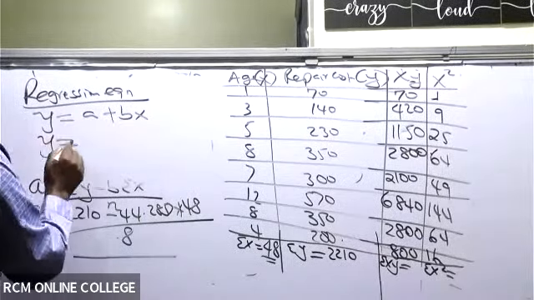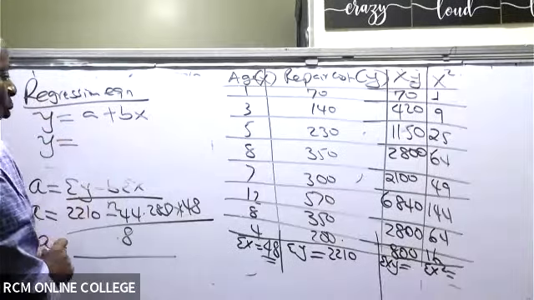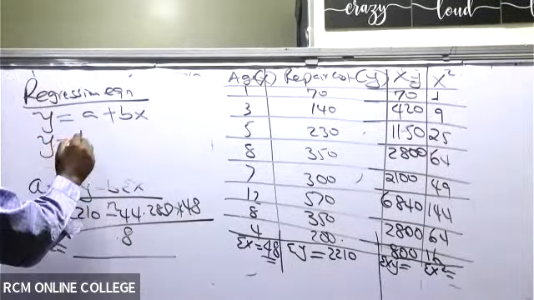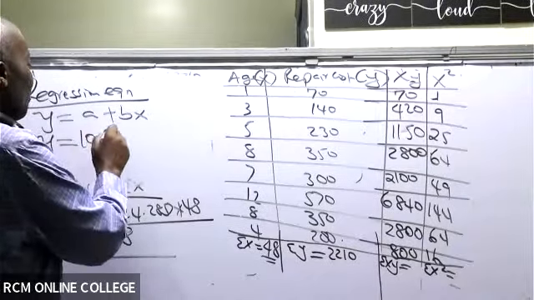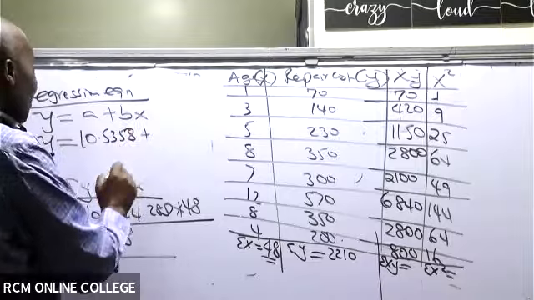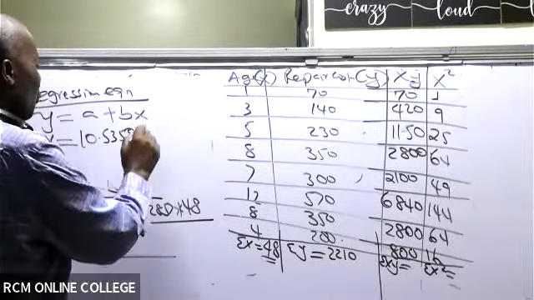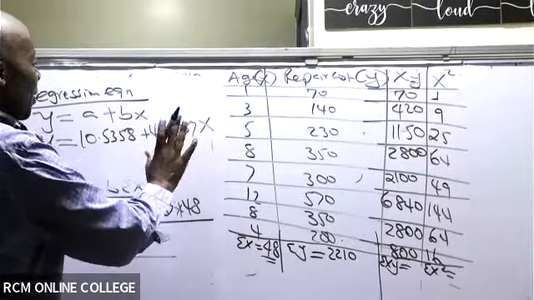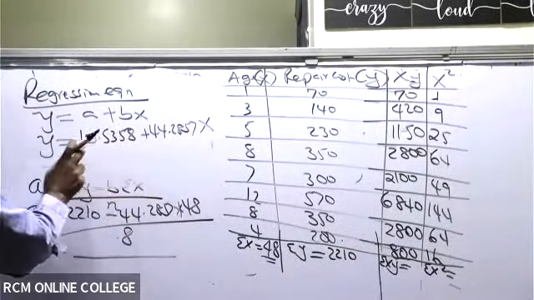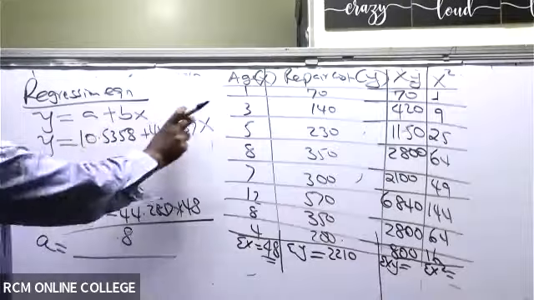So my y will be equal to a, which I remember was 10 point something, 10.5358, plus b, which is 44.2857 x. Remember, regression equation gives us the connections between the dependent variable and the independent variable.